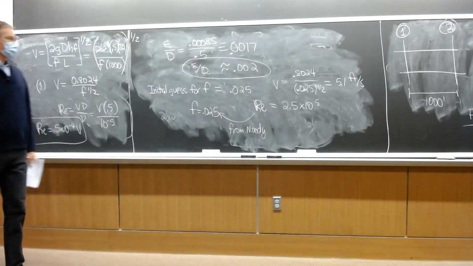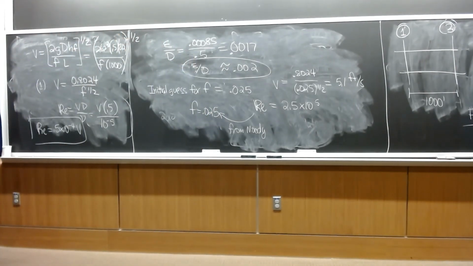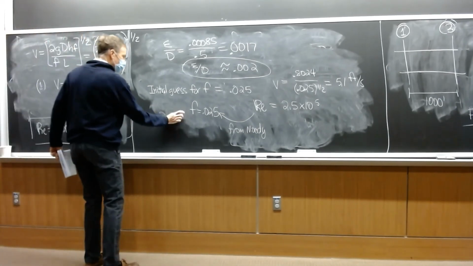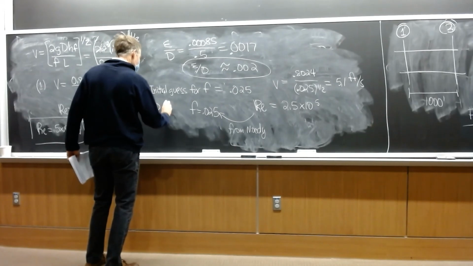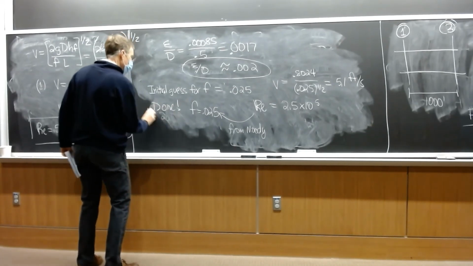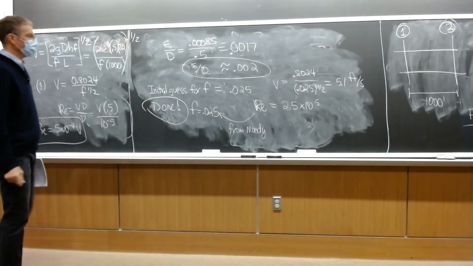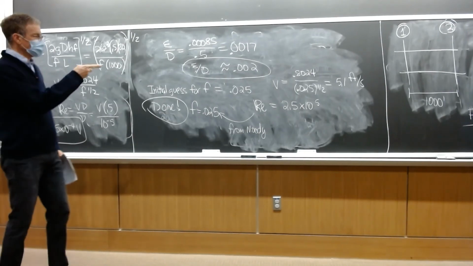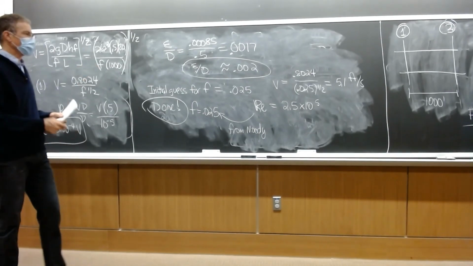I'd say it comes back to the value that we used the first time, and so we're done. We've gotten our answer that the velocity is 5.1 feet per second.